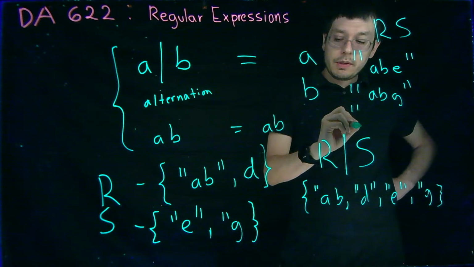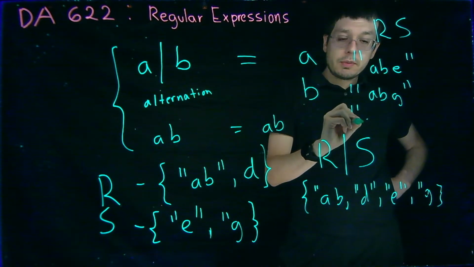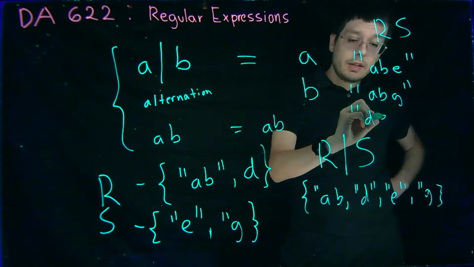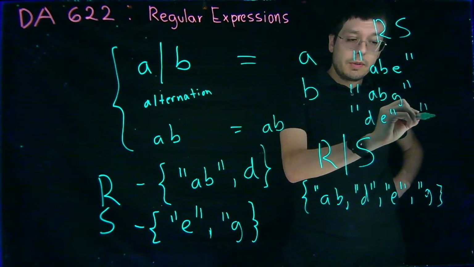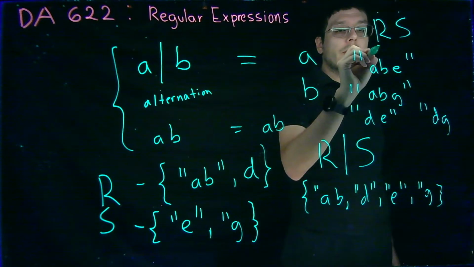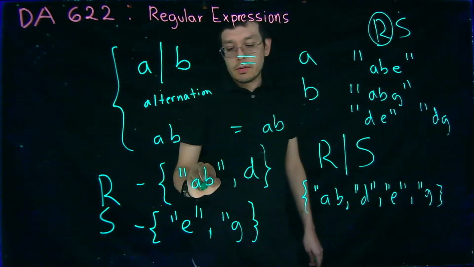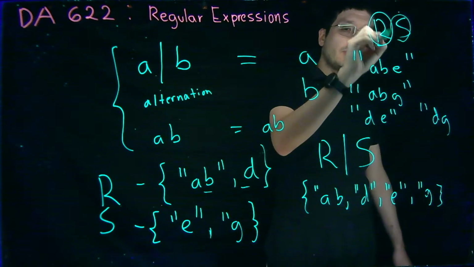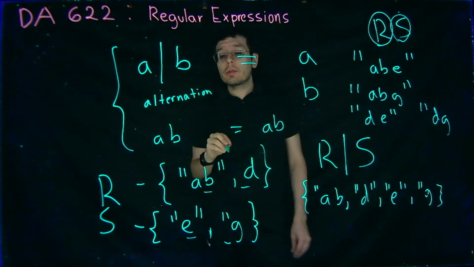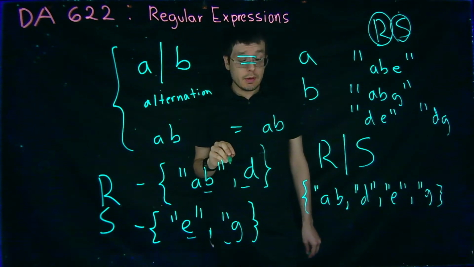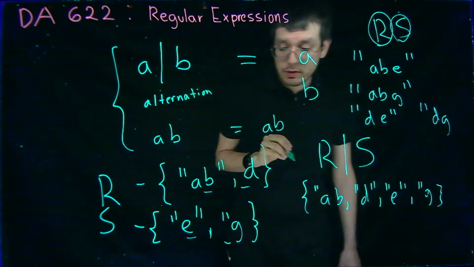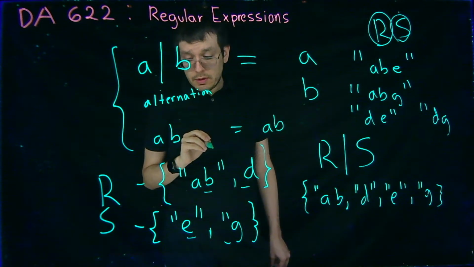It could also be D with E, or D with G. The order matters, though. I have to take something from set R, and then take something from set S, and glue them together. I don't do both, I just take one of them. Those could be any of the combinations you see up there.